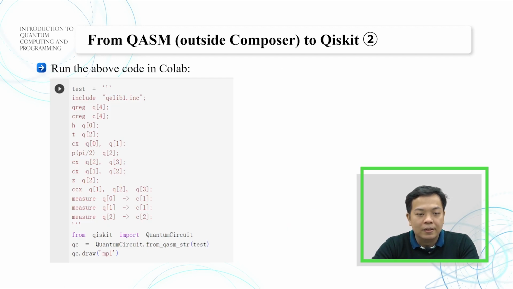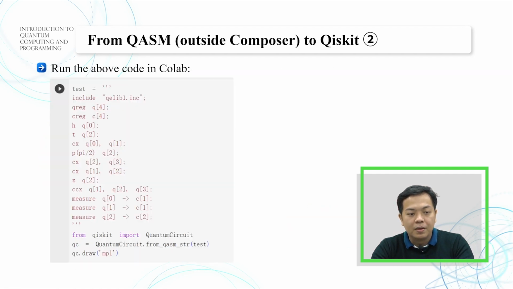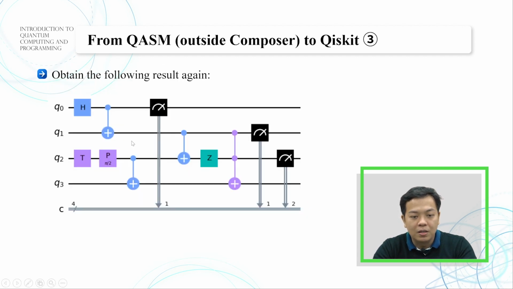Actually, I can run this part, copy it to the Colab and run it, and you can see it shows the same result. The important thing after you run this is that no matter whether you run in the IBM Composer or the Quantum Colab, the result will be similar.